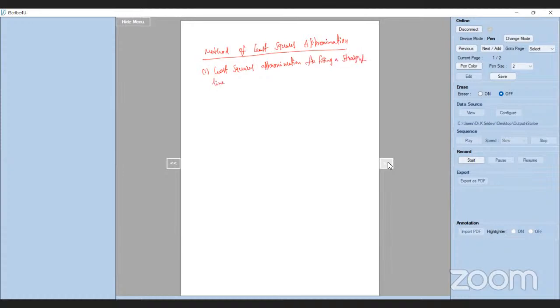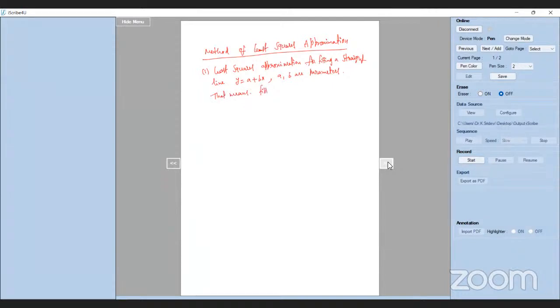For fitting a straight line, that is y is equal to a plus bx, where a and b are parameters. Fitting a straight line means fitting a first degree polynomial to the given data.